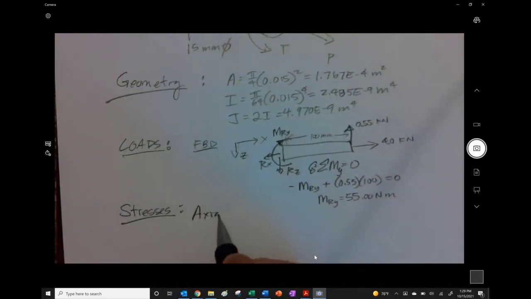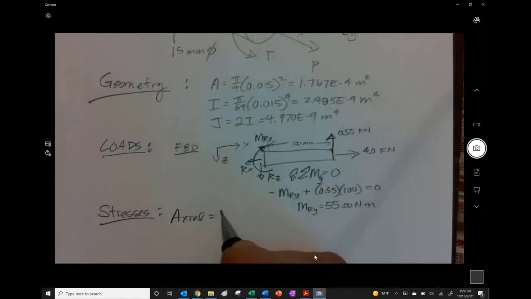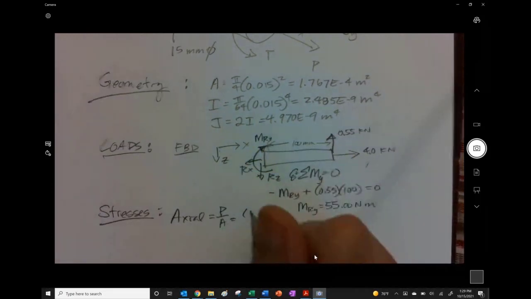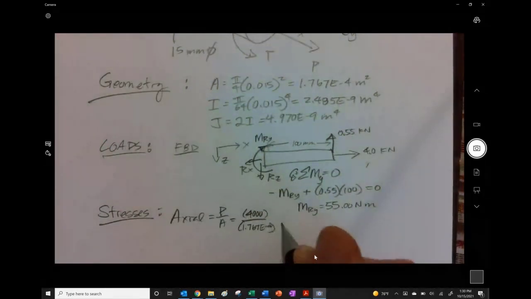For axial, we can see that it's just going to be P divided by A, right? So P divided by A in this case, and it's going to be tension. So we get 4,000 because it's 4 kilonewtons, so 4,000 divided by my area 1.767 e minus 4.